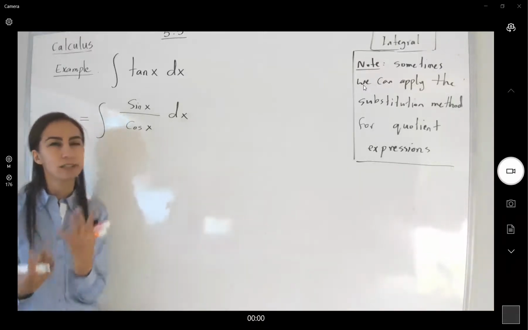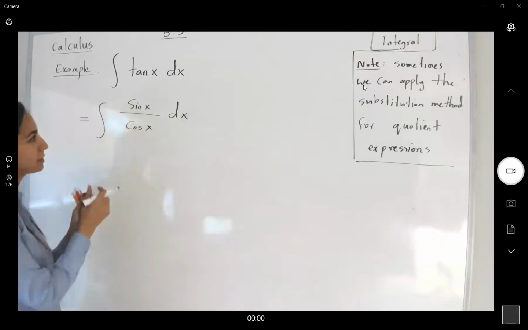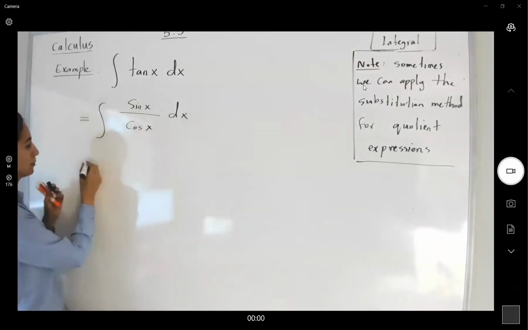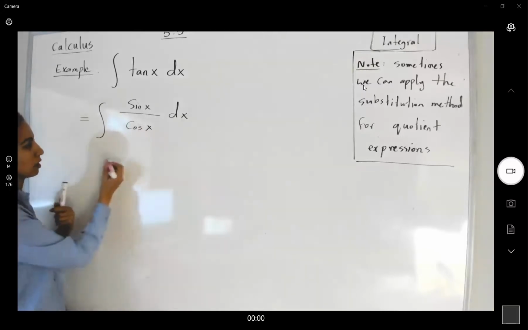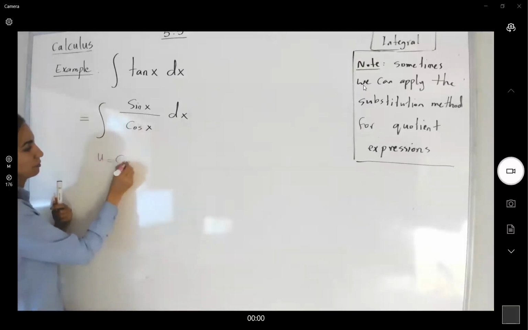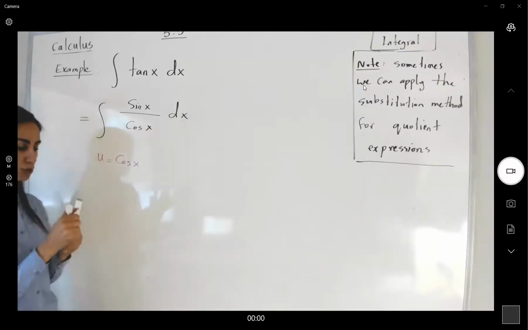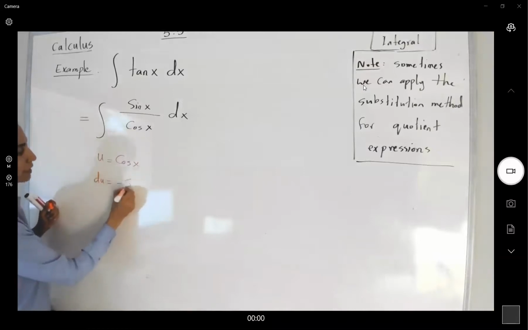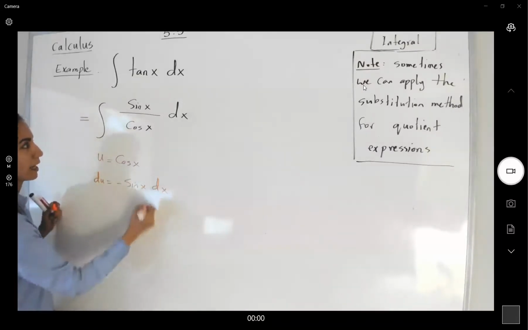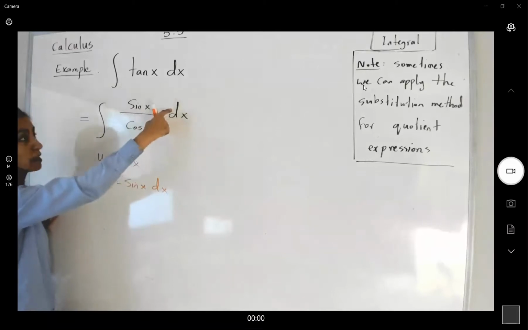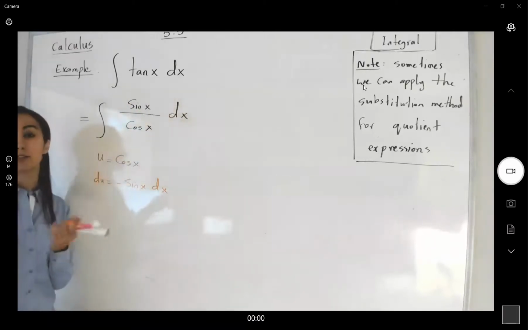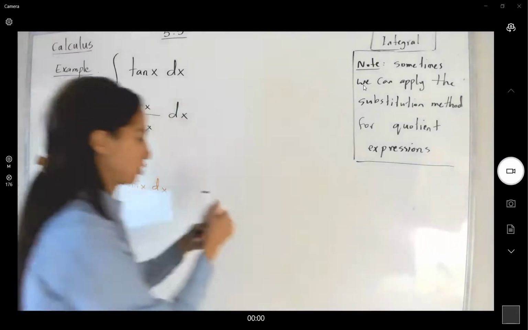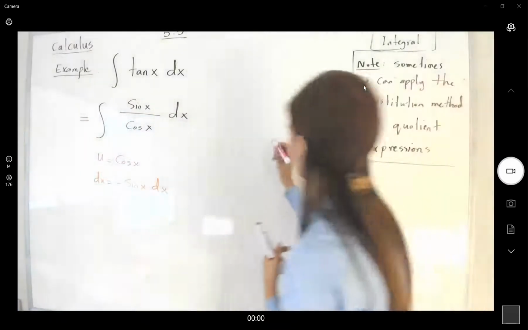So if I take u to be cosine, then du is equal to negative sine x dx. Sine x dx is here. Guys, you cannot use sine to be your u. Just let me write this down here.